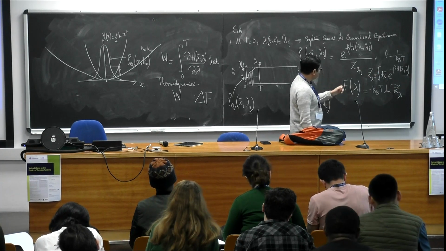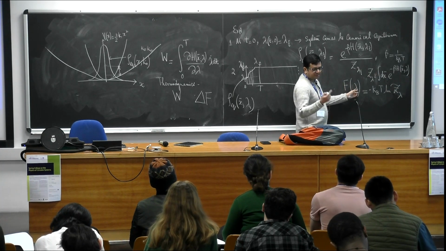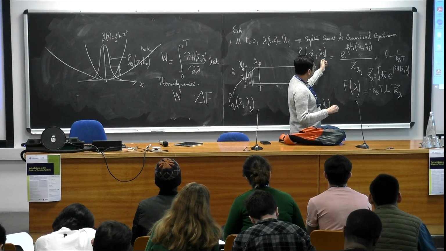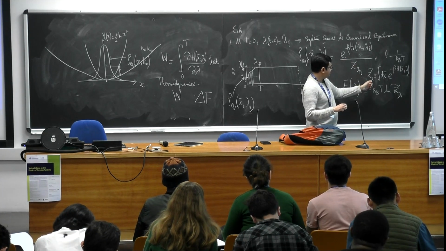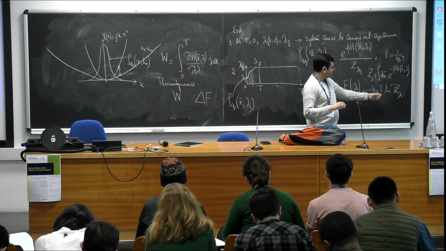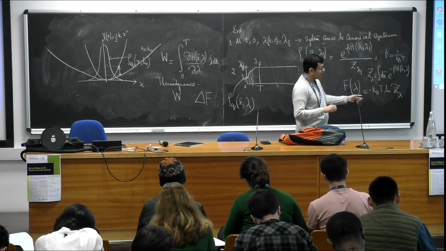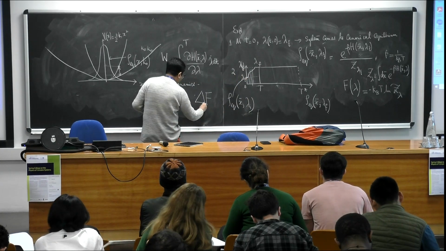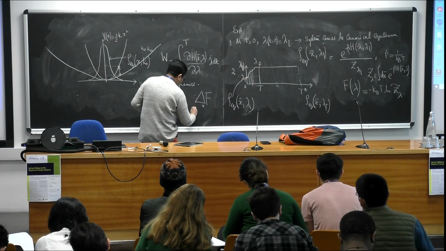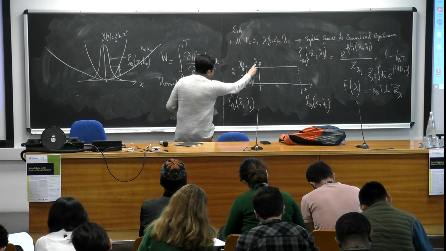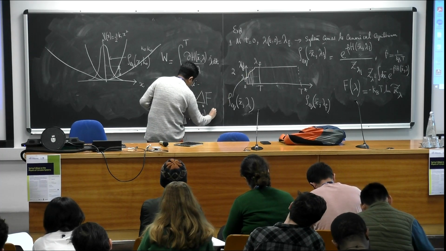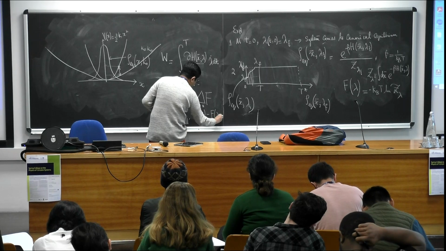So when lambda is fixed and the system has attained equilibrium, I find the canonical equilibrium distribution, which is e to the minus beta H. I compute the partition function, take the log of it, and multiply by minus kBT. This is the free energy. So what is this delta F? Delta F is equal to the free energy at the value lambda f minus the free energy at the value lambda i.